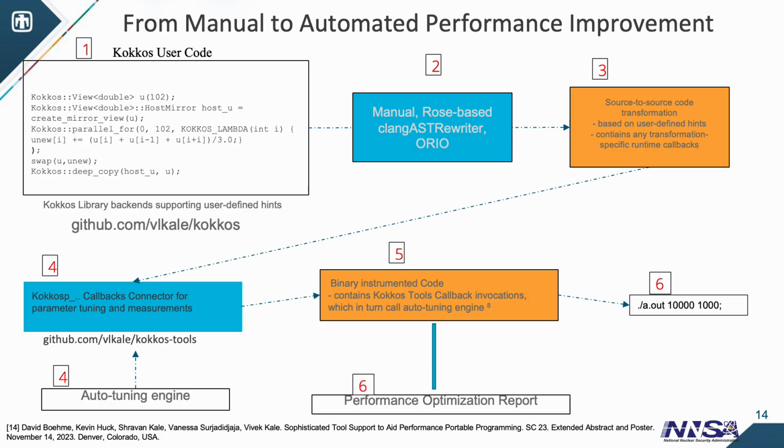With this, Kokkos Tools is built, if needed, to identify control points and tune the parameters, if needed, given training data. Finally, we run the application with the parameters and generate a performance optimization report. This report is fed back in to step 2, and the process starts again.